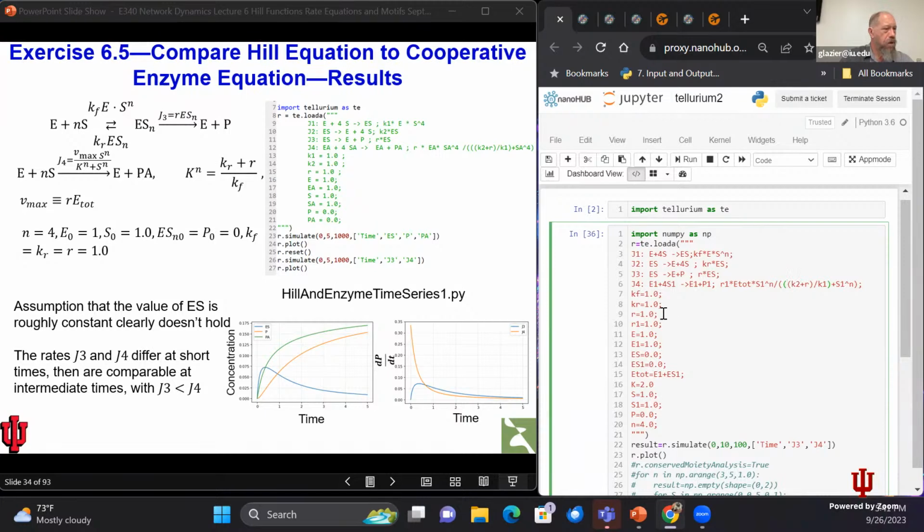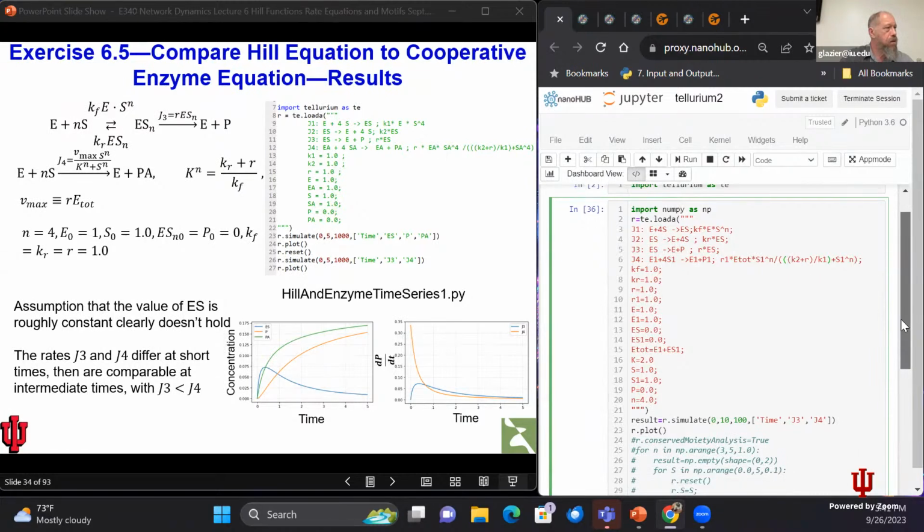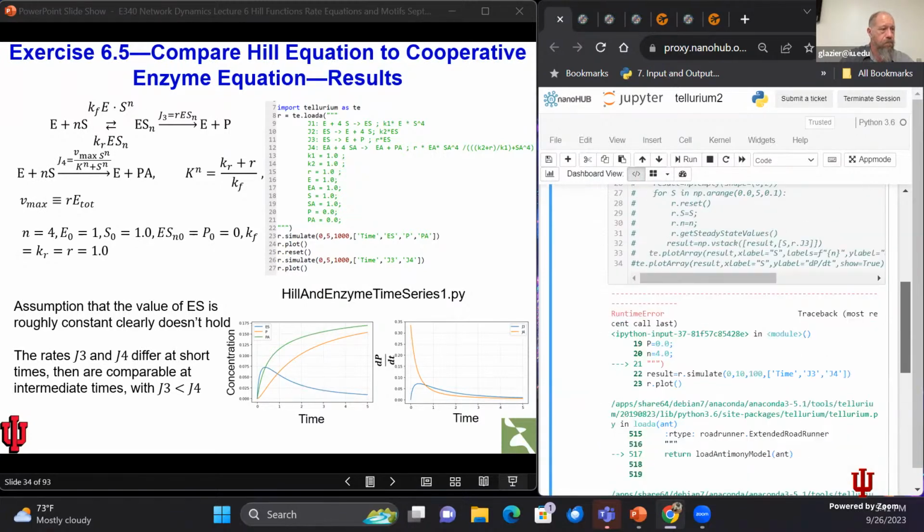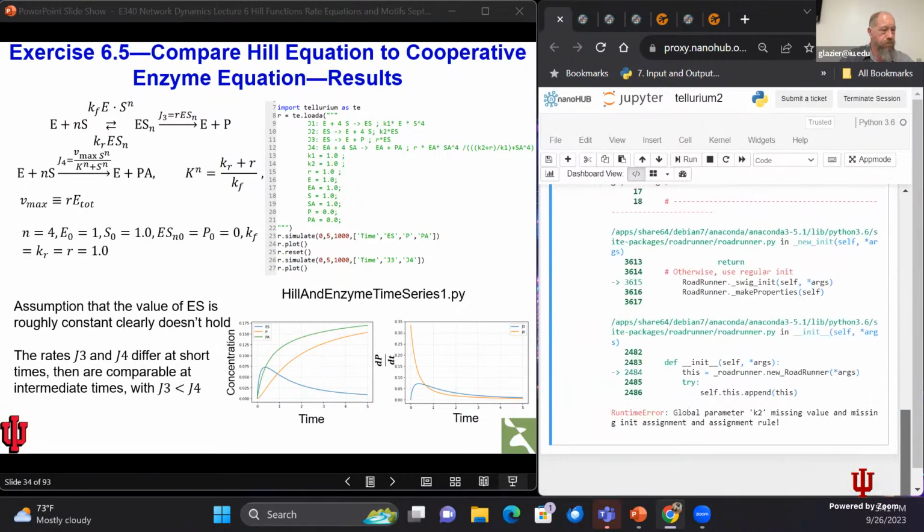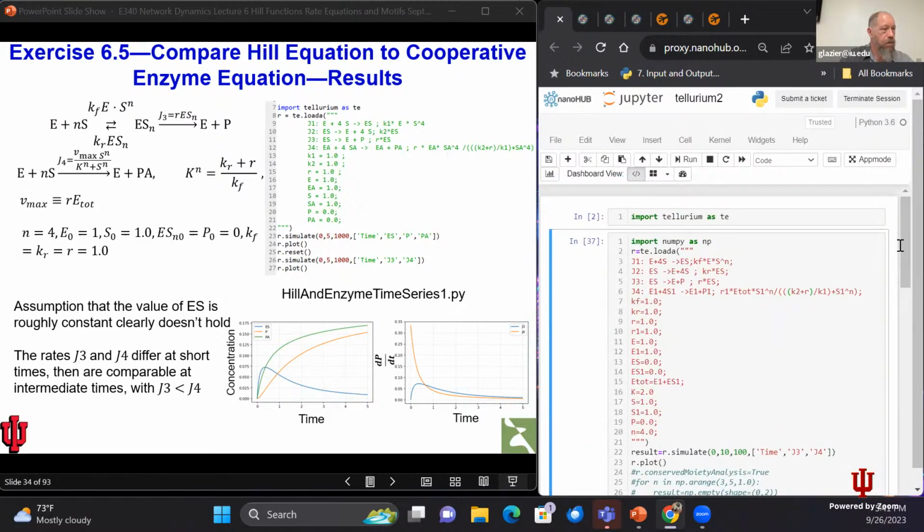And the values are all 1, which is correct. So that should be right. Because I didn't define K2. K2 should be, sorry, I called it K forward and K reverse is K, should be K2.